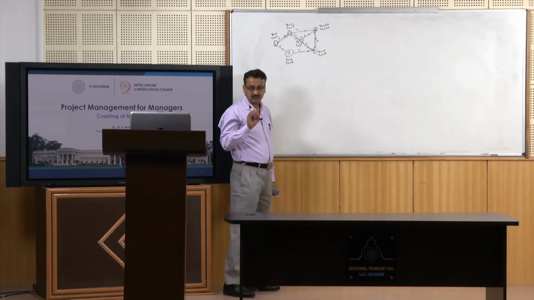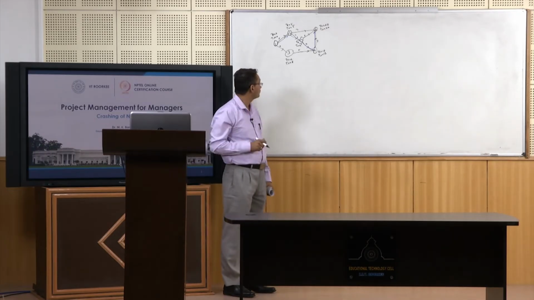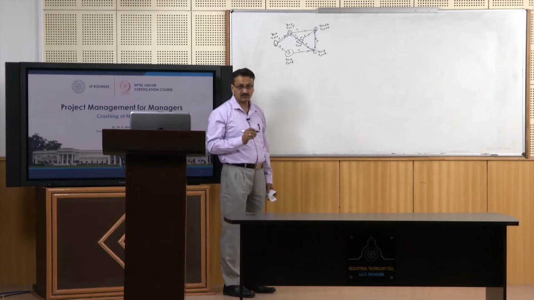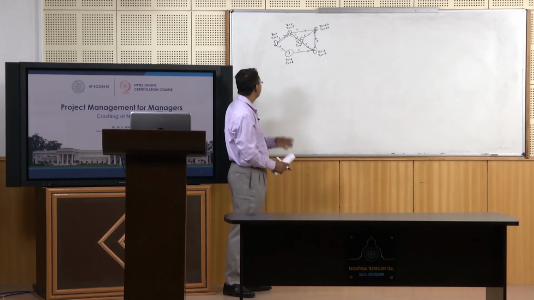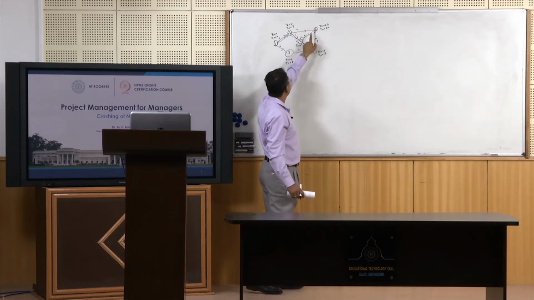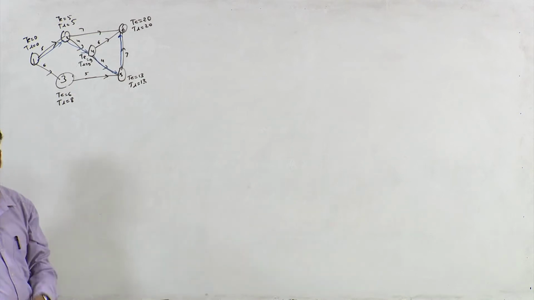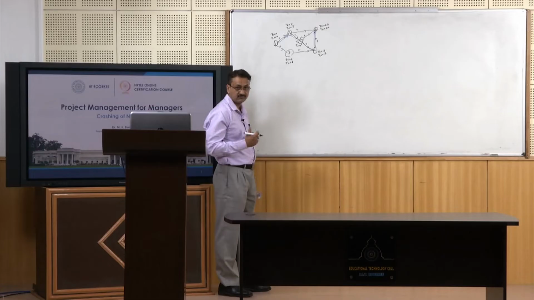Now in the free float method, the first thing you should do after finding the critical path is find the free float of non-critical activities, right? So the non-critical activities are 1 3, 3 5, 2 6 and 4 6, right? There are 4 non-critical activities. So let us find out their free float, right?